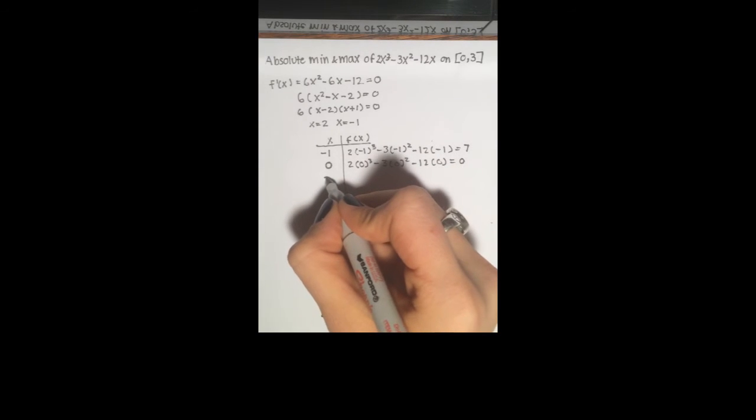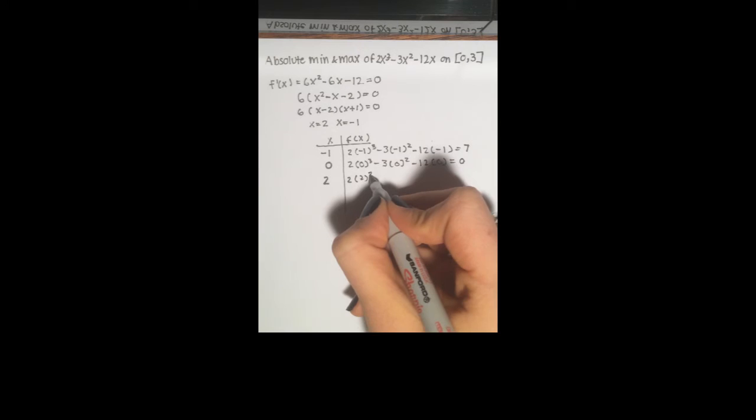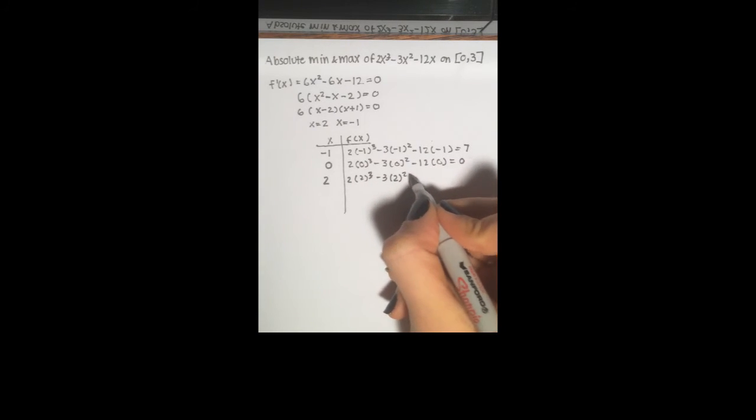That will be equal to 0. Then we plug in our second critical point, which is 2, and substitute that into the original function. And that is equal to negative 20.